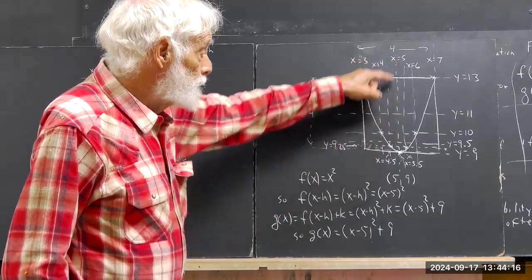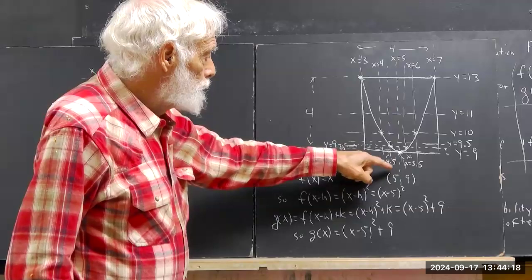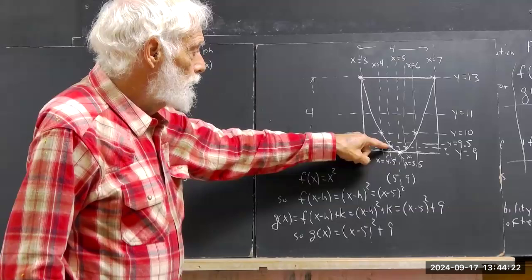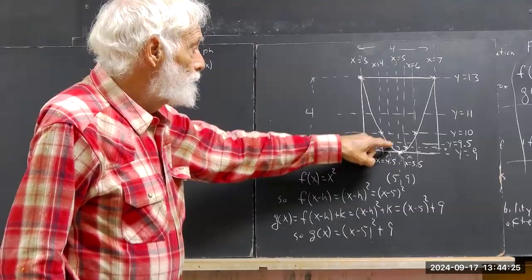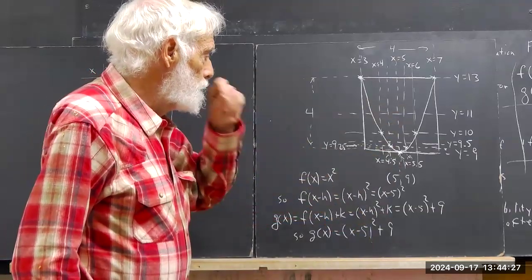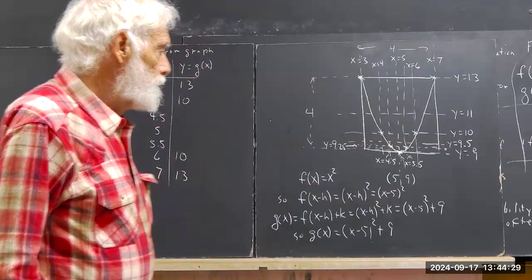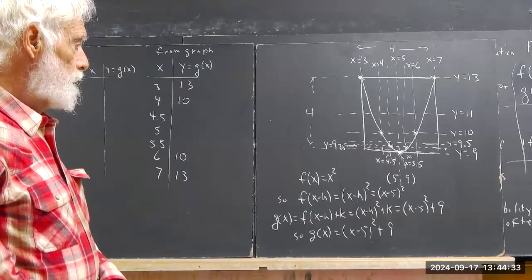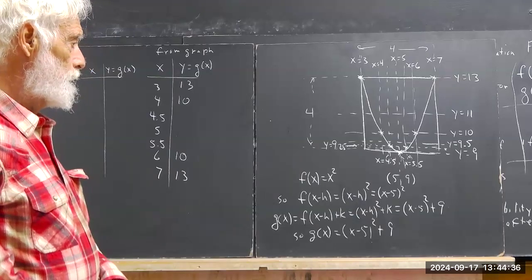So what's this point? Well, x is 4.5 on this line, and y is 9.5. Sorry, wait a minute, something's terribly wrong here. Y is 9.25 on that one.